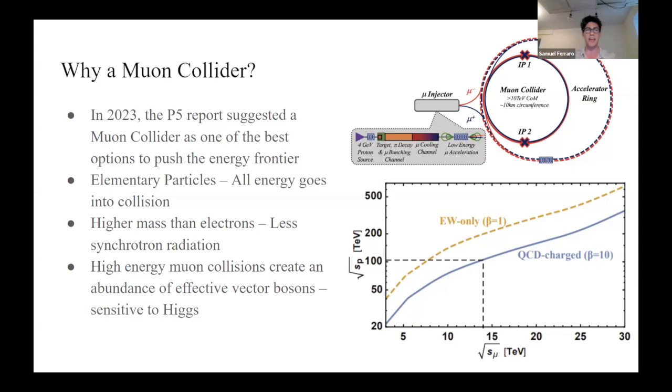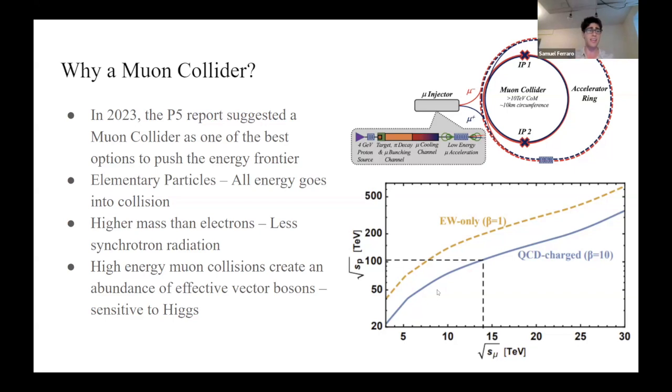In addition to that, they're higher mass than electrons, about 200 times more massive, which means you deal with a lot less synchrotron radiation as you get up to these higher energies. And that gets you to this graph here that shows that with a 14 tera-electron volt muon collider, you probe the same physics regime as a 100 TeV proton-proton collider, which is a pretty decent number.